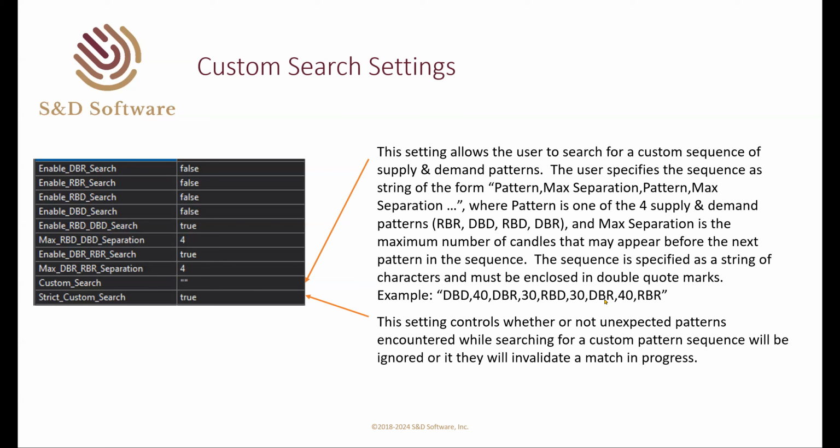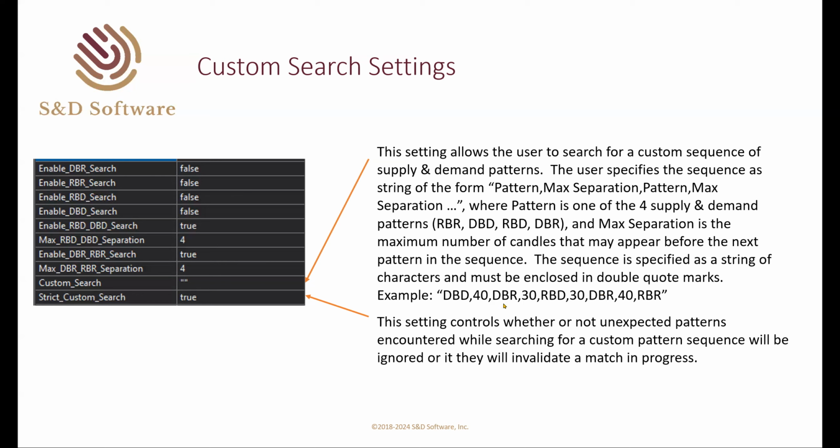If strict custom search is false, then we will ignore other patterns that we find that are not within the search sequence. And our sequence is violated when we do not find what we're looking for within the limit on the number of candles from the previous item we found.